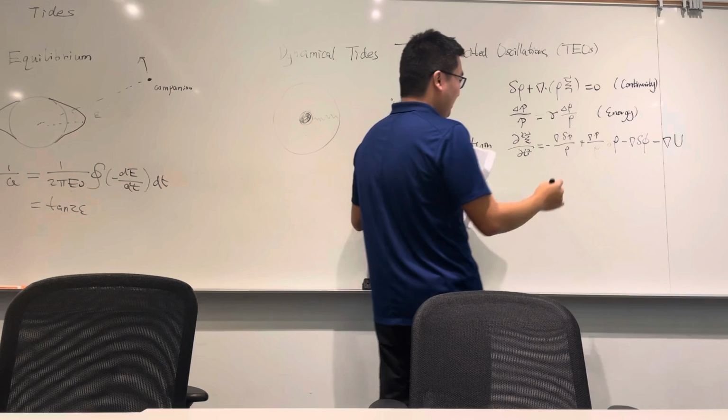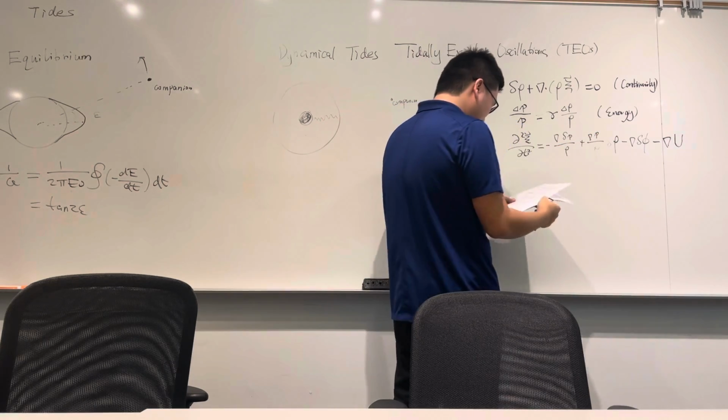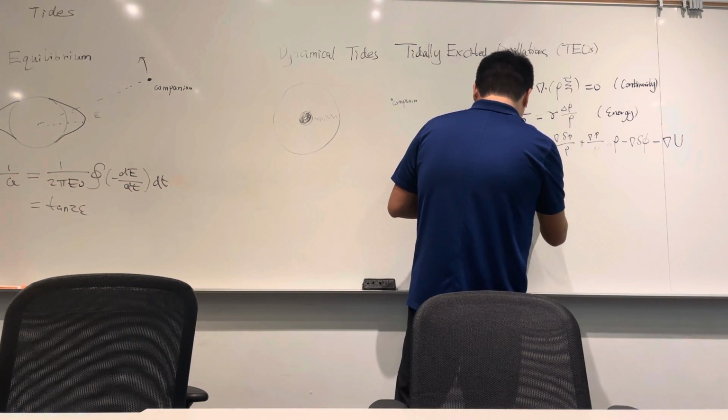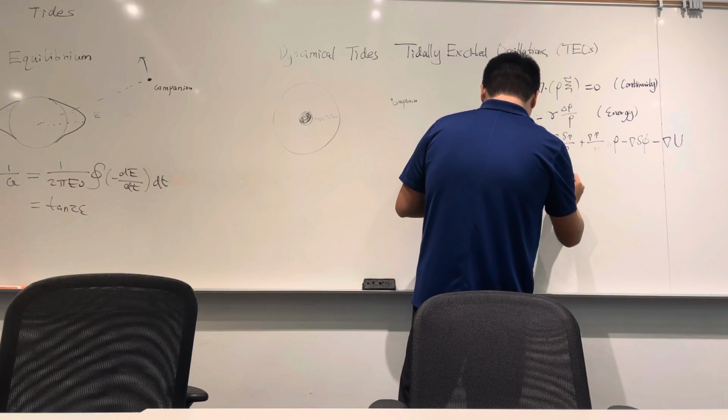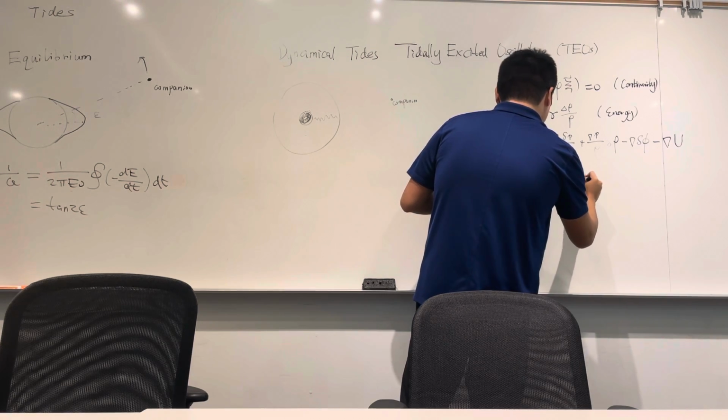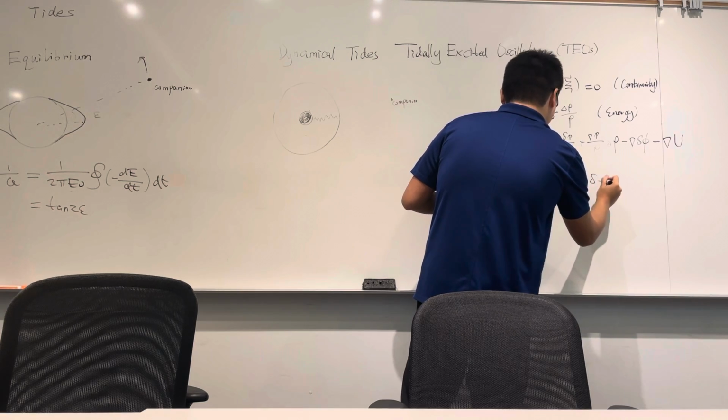And clearly we also have a Poisson equation for the gravity potential, which is basically the Laplacian of phi equals 4 pi G rho.